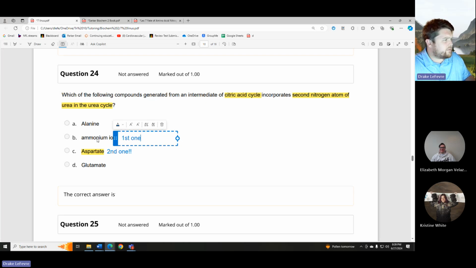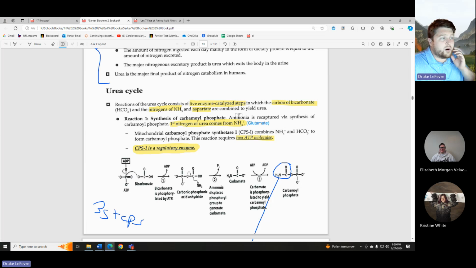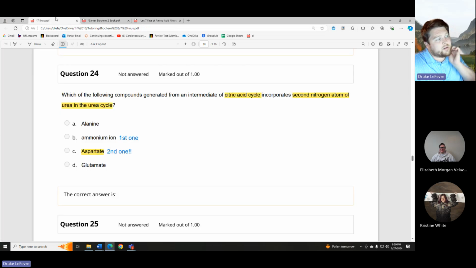I believe if it specifically says ammonia, if you have both options, ammonia versus ammonium ion, I would pick ammonia. But if ammonia isn't an option and ammonium ion is, then I would pick that one. So let me actually write that in there.